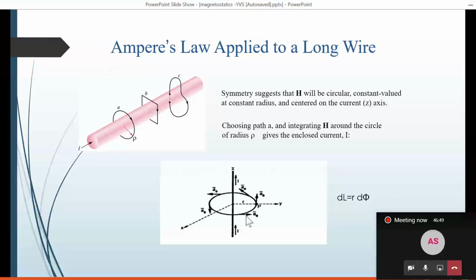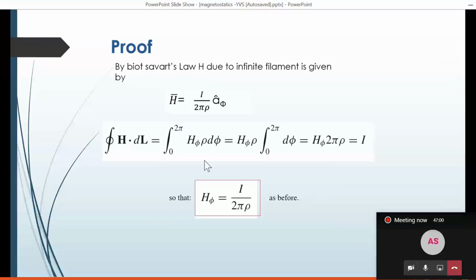So if I take dot product of h, which is equal to I upon 2 pi r into a phi cap, with dl bar, which is r d phi into a phi cap, that dot product will come as I upon 2 pi r into r d phi. So h phi means this part. I into 2 pi r means h phi, आणि dl bar मधला rho and d phi इथं आलेलं आहे.